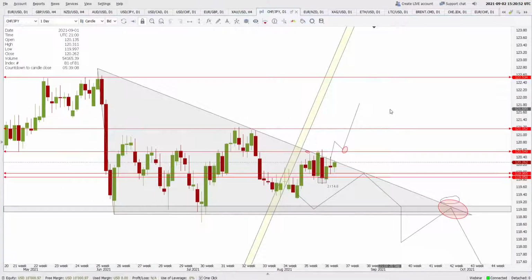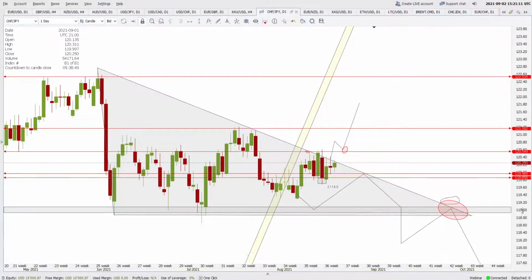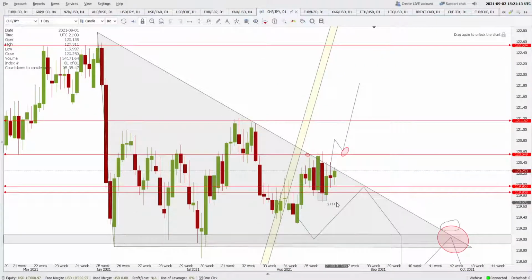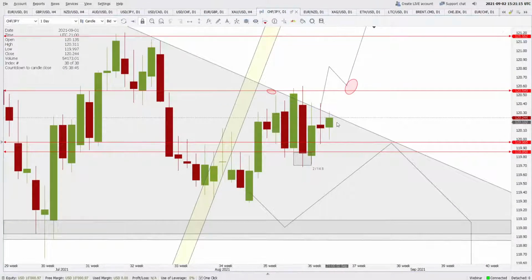Talking about CHF JPY, it is being blocked by this falling trend line, which is a long-term falling trend line, and right now the price has made an intraday high around 120.31, and today's bar is an inside bar. Now this inside bar, although bullish in nature, is being capped by this falling trend line.